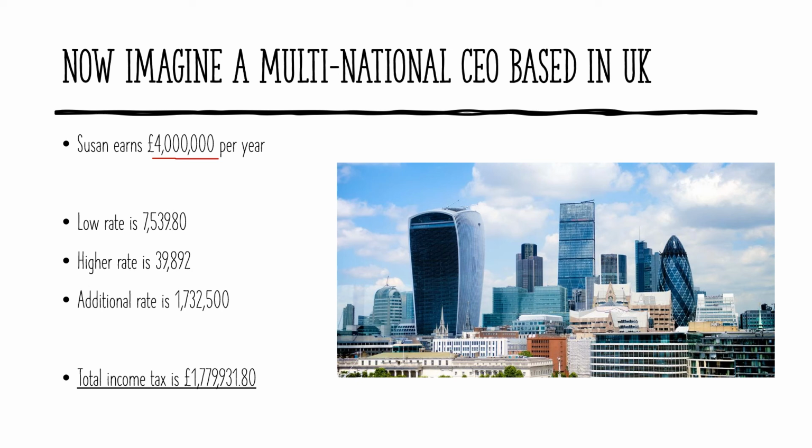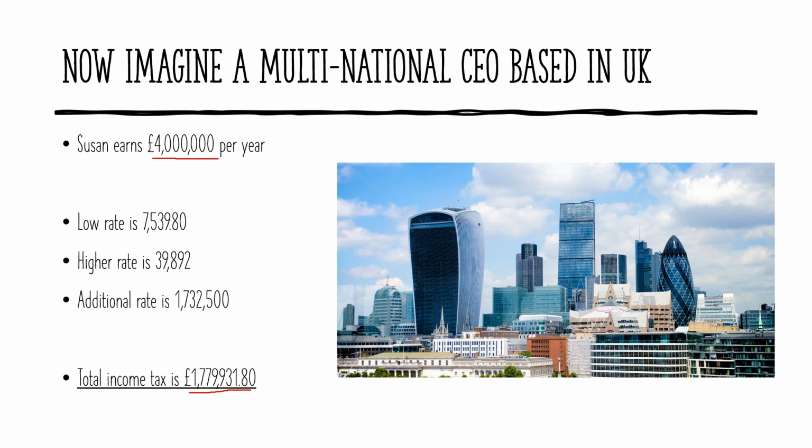So 45 pence in every pound that she earns over that £150,000 goes to the government into income tax. So her additional rate payment will be £1,732,500, and her total income tax is that figure, £1,779,930.80.